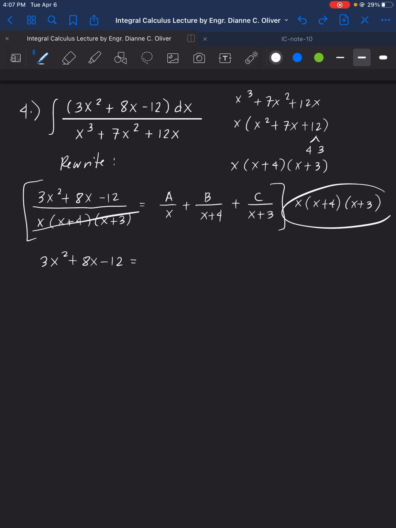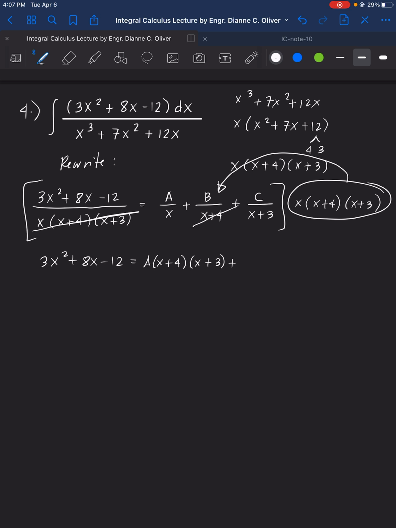So what's left is a times x plus 4, x plus 3 plus b. Multiply this with b, cancel out x plus 4. So what's left is bx, x plus 3.